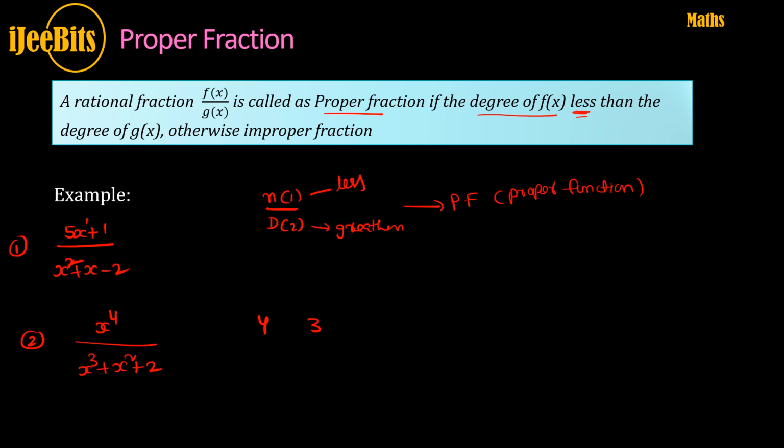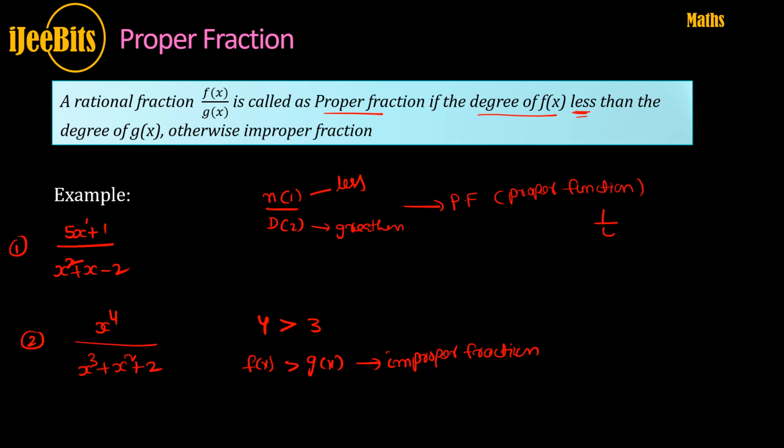So which one is greater? 4 is greater, right? If the degree of f of x is greater than that of g of x, then what do you call it? Improper fraction.